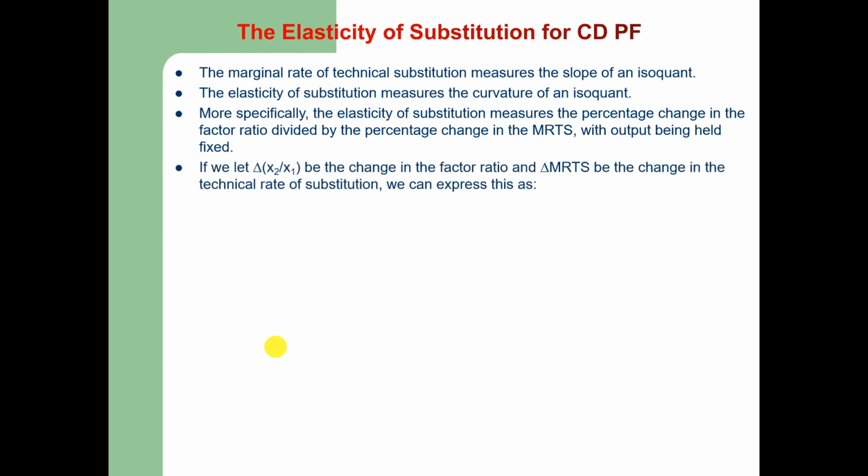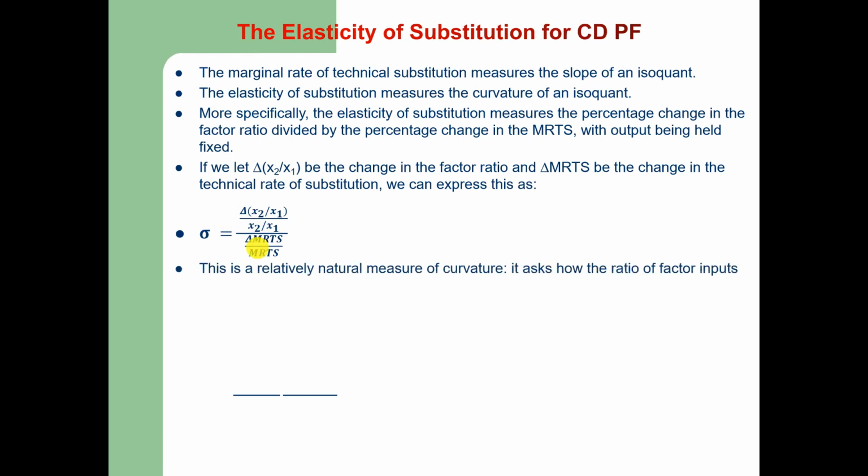So if we let delta x2 by x1 be the change in the factor ratio and delta MRTS be the change in the marginal rate of technical substitution, we can express this as follows, and that sigma gives us the elasticity of substitution, and that is equal to the percentage change in the input ratio divided by the percentage change in the marginal rate of technical substitution.